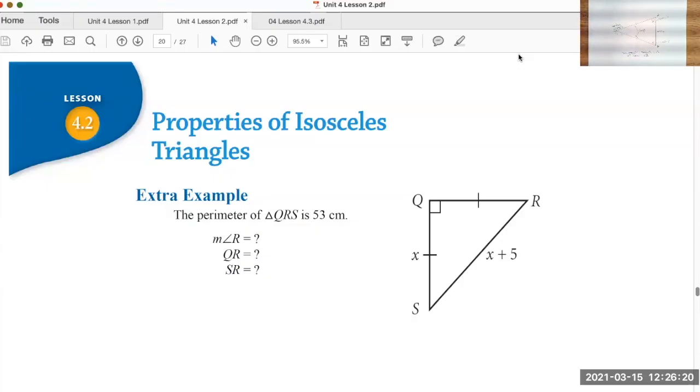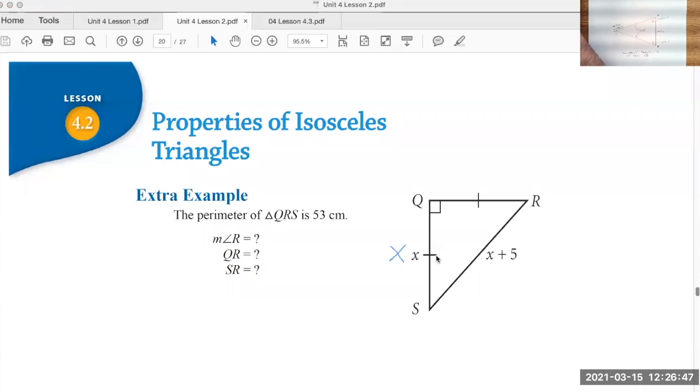This question asks you, what is the measure of angle R, and what are the lengths of QR and SR? It gives you the information that the perimeter of triangle QRS is 53 centimeters. So you know that this one side, QS, is x.